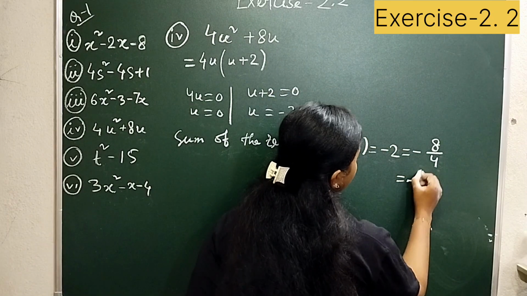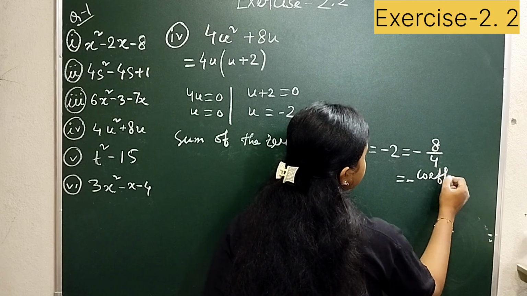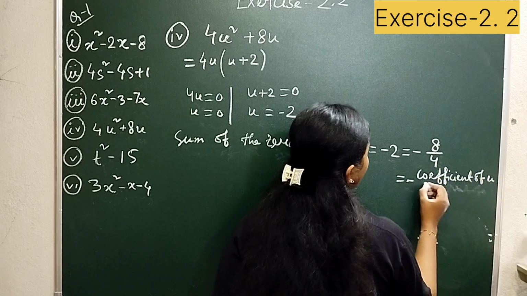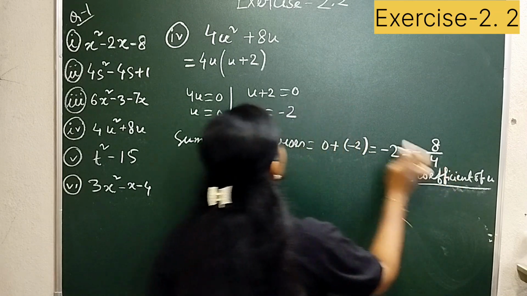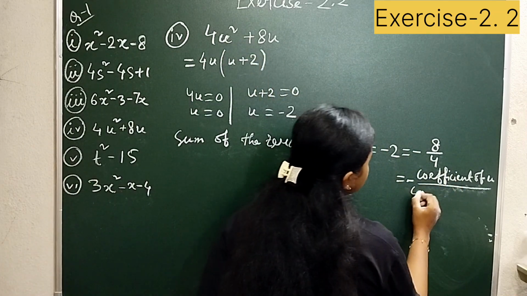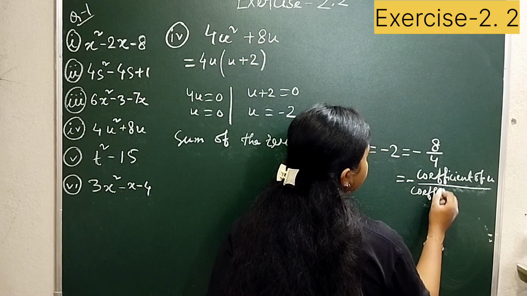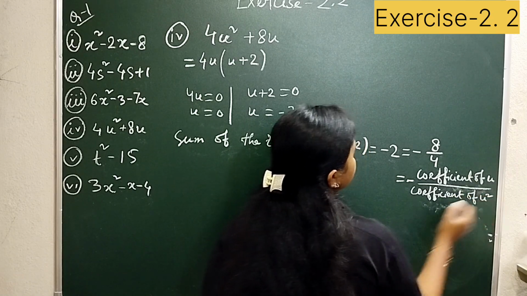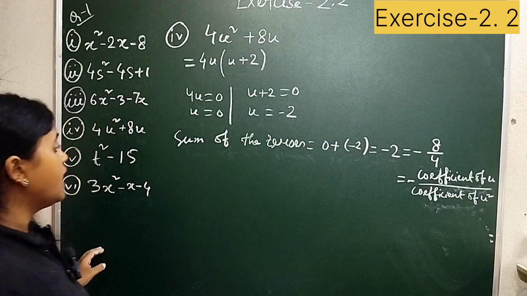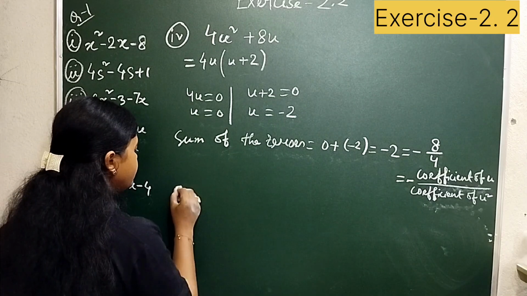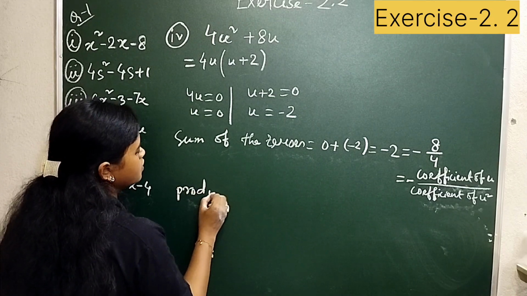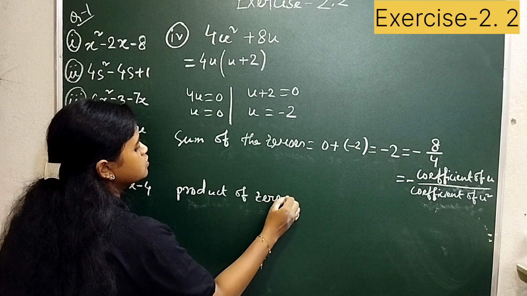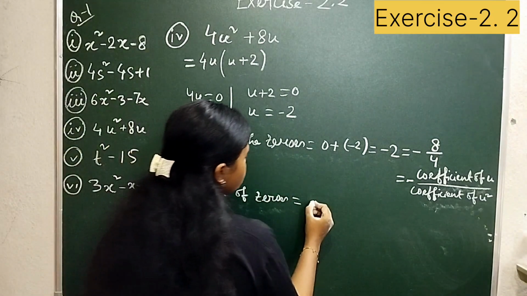Coefficient of u, so minus coefficient of u divided by 4, which is the coefficient of u square. So coefficient of u square. Okay. Now we will find the product of zeros. Product of zeros equals what?